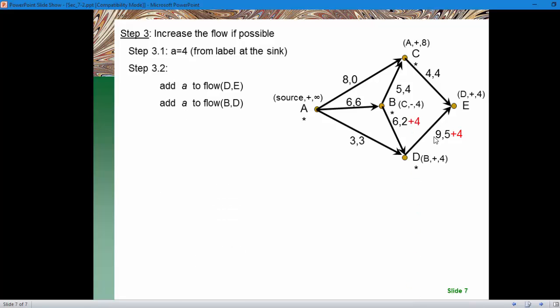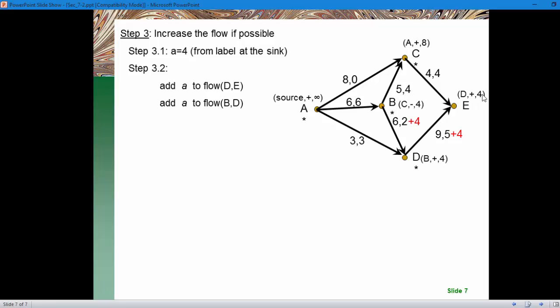And we add 4 here, because from D we look at the predecessor and the plus means that we're going to add. Now at B we look at the predecessor, that's C, and here's a negative sign, meaning that we're going to subtract 4 units. Not these 4 here, but the 4 there. This is important because if we have a different number here, we wouldn't use that number to decrease the flow.